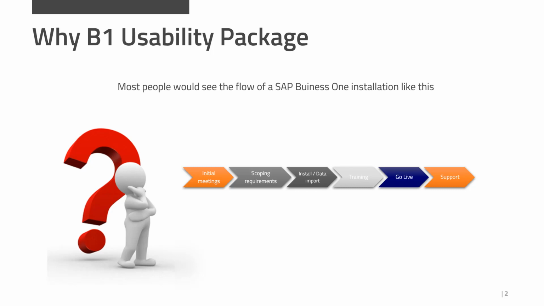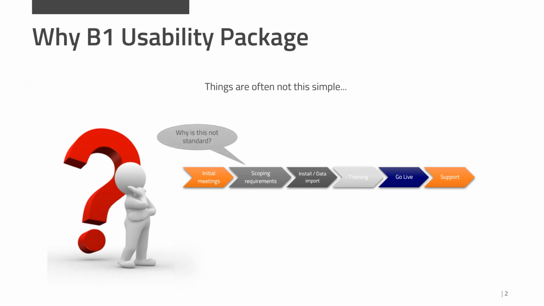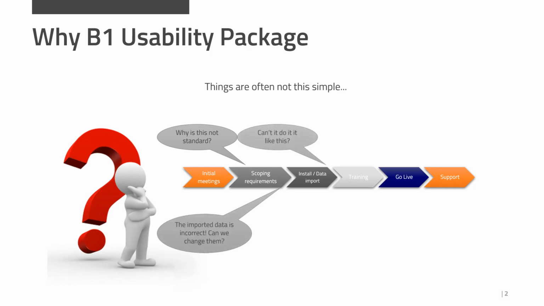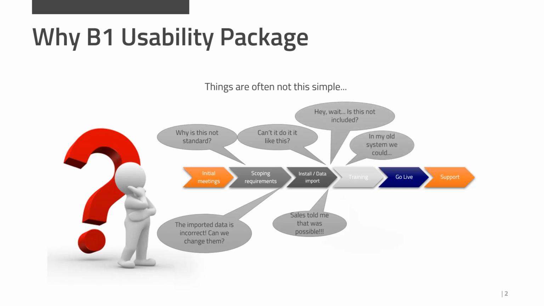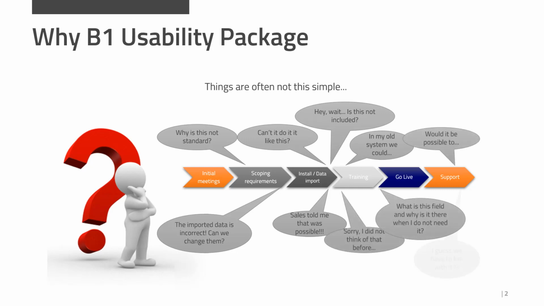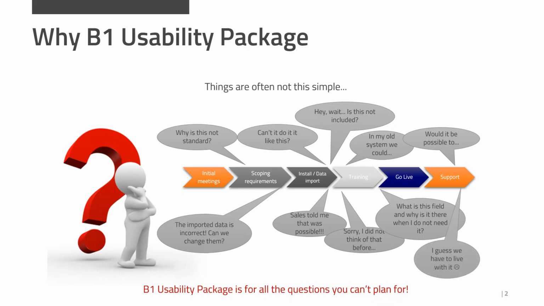And that's all good and well, but along this process, a lot of questions come along because it's often not that simple. People might ask why certain things are not standard, why the import went incorrectly, and what we can do about it. If they want some different changes, sales may have oversold it a bit and said something was possible that it wasn't, and why things are not concluded.